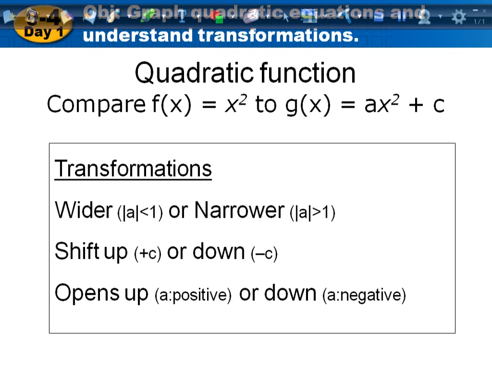And if the absolute value of a is greater than 1, meaning it's a whole number, 2, 3, 4, 5, it is more narrow. So again, you're writing down what's in the box. You're going to shift up when your C is plus, shift down when it's minus. It opens up if A is positive, or it opens down if A is negative. If you need to pause the video, feel free to do that.